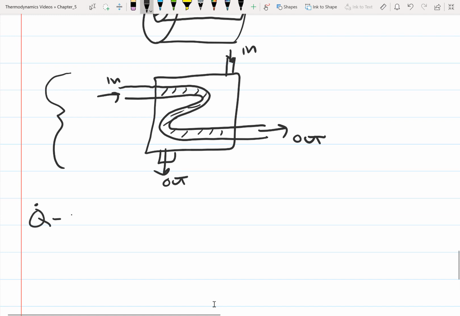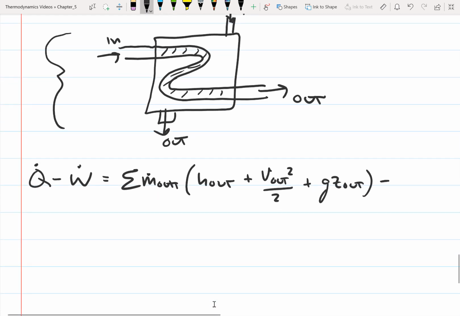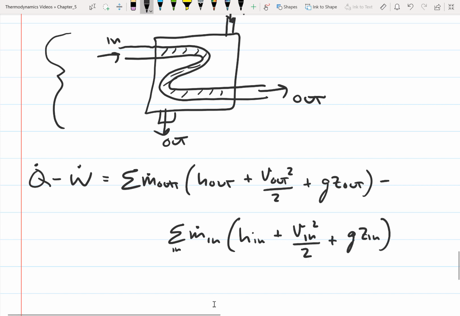So we have Q dot minus W dot is equal to the summation of the mass out, and then this is enthalpy out plus the kinetic energy out plus the potential energy out, and then this is minus the summation in, so m dot in multiplied by h in plus v in squared over 2 plus g z in.